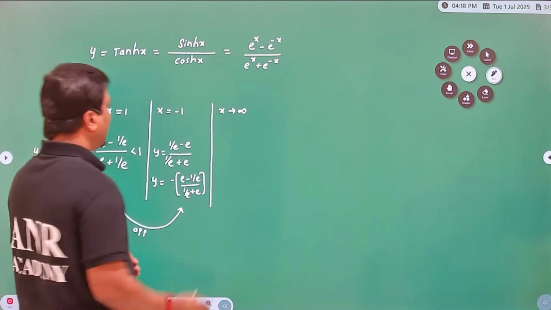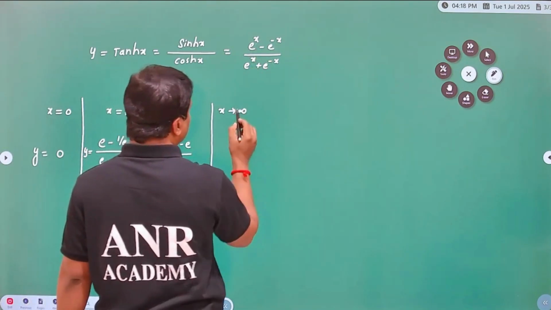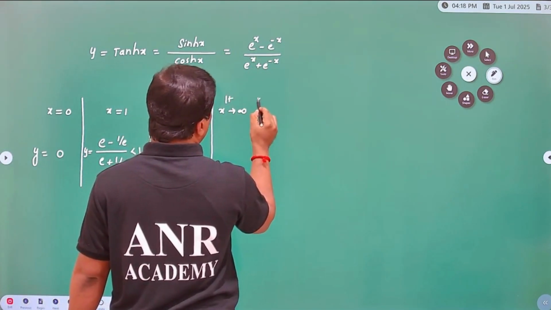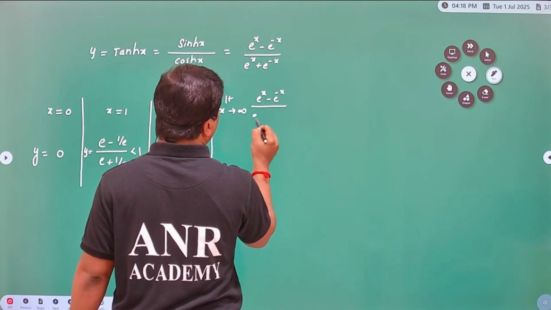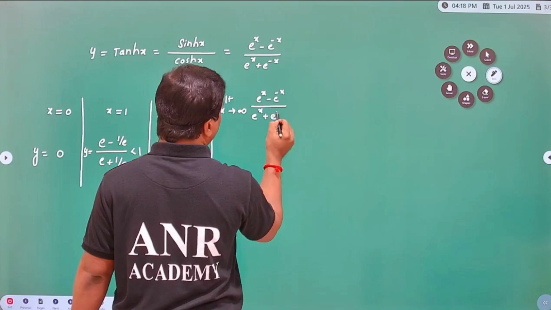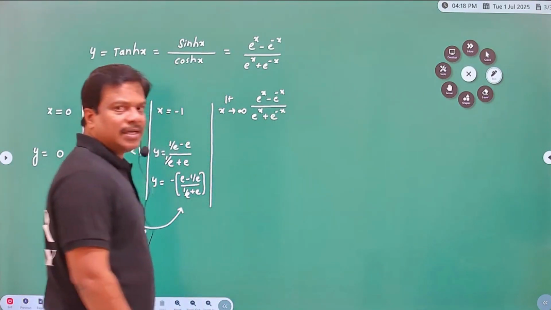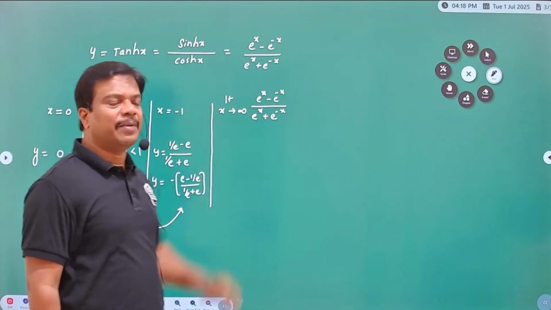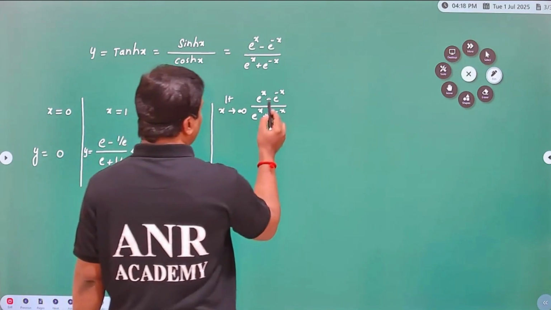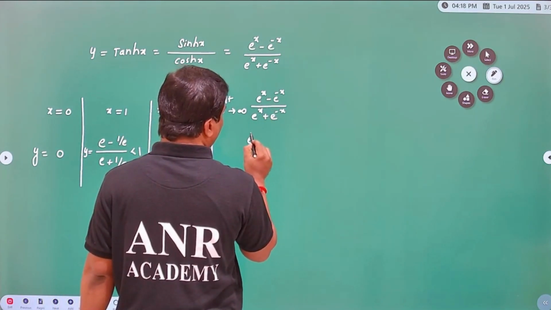Next, as x tends to infinity, what is e power x minus e power minus x divided by e power x plus e power minus x? Observe. Directly when you put x as infinity, you will get infinity by infinity form. Due to that reason, I am going to take e power x common.